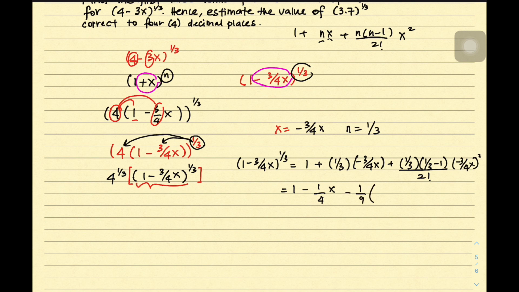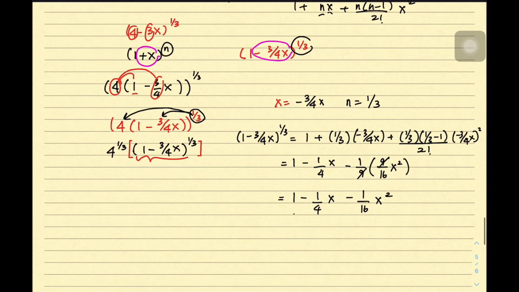Okay, so negatif 3 kuasa 2 9, 4 kuasa 2 16, x kuasa 2. Okay, so this one and this one can be simplified. So you have your expansion as 1 minus 1 over 4x minus 1 over 16 x to the power of 2. Okay, so ini adalah expansion untuk this function di mana kedudukannya adalah di sini.